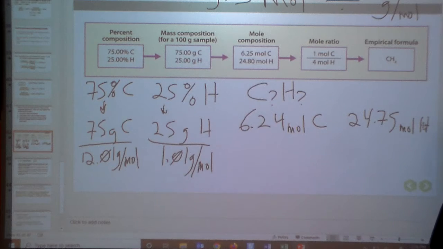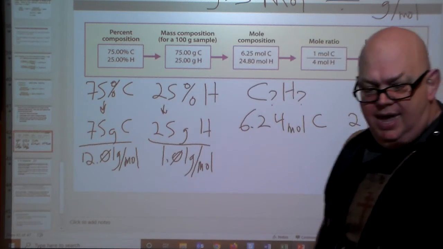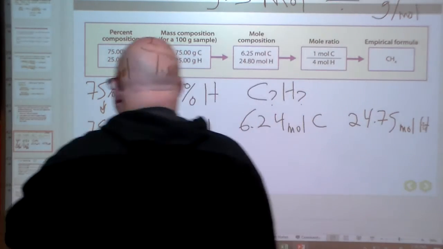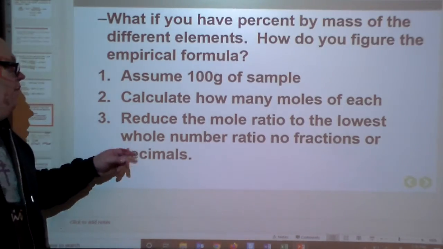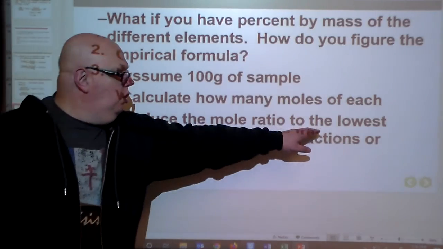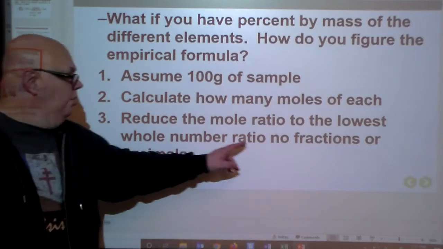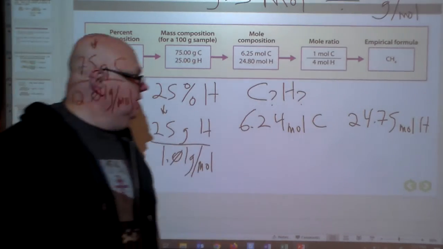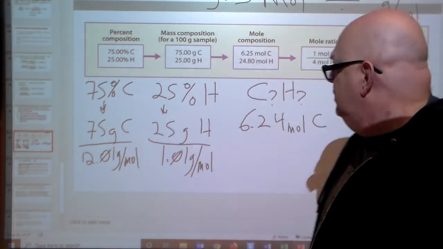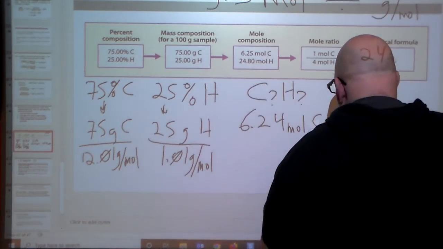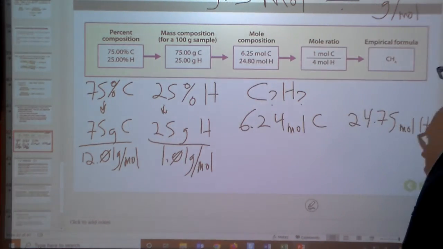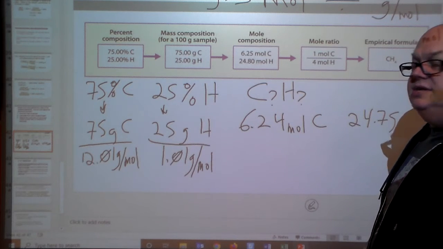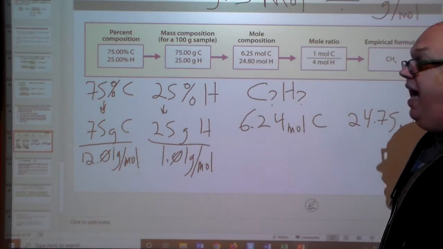Okay, so we got 6.24 moles of carbon, 24.75 moles of hydrogen. Now, what's the next thing? Reduce the mole ratio to the lowest whole number ratio, no fractions or decimals. Let's look at this for a second. I'm going to take the smallest number and divide it by itself. Now, why would I do that?